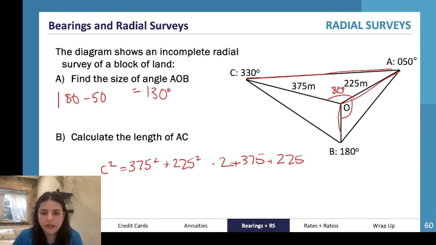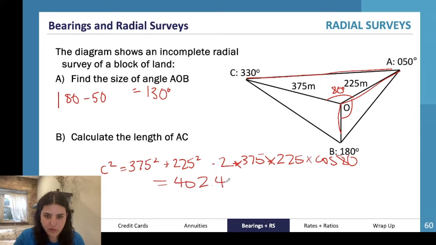Yeah, times, not plus. Times cos 80. And once we do all of that, and square root at this time, we get 402.426. So we'll say 402.43 meters for this side.